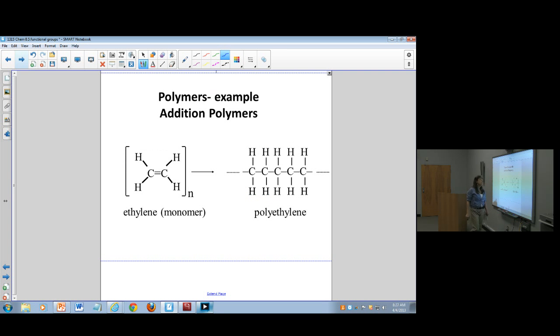So here's a simple monomer for addition. In this case, notice that this is the ethene. Ethylene is the common name. Under IUPAC, you'd call that ethene. It has two carbons and a double bond between them.